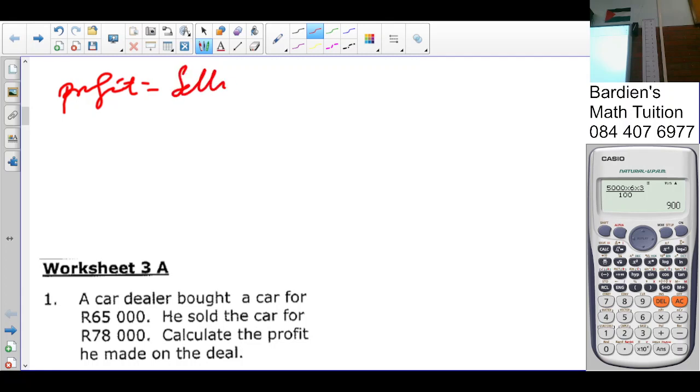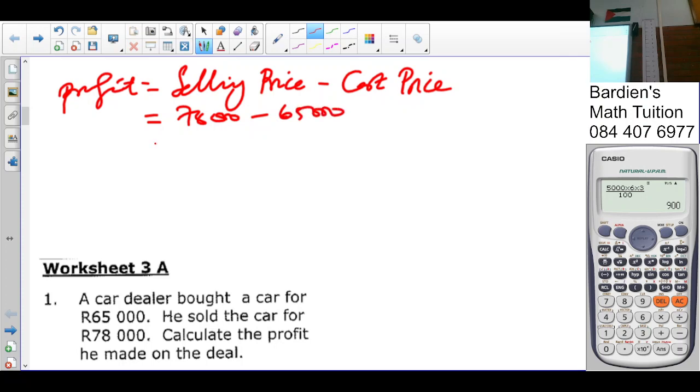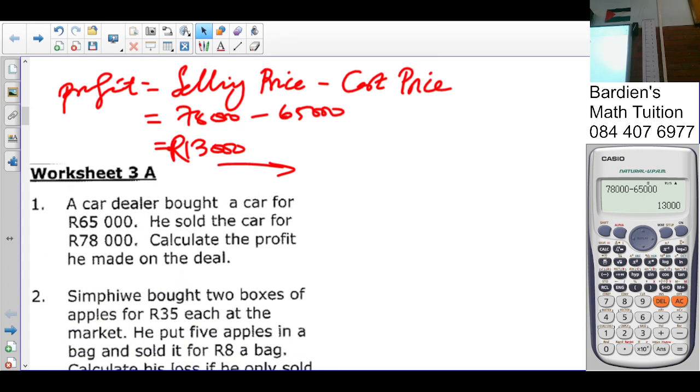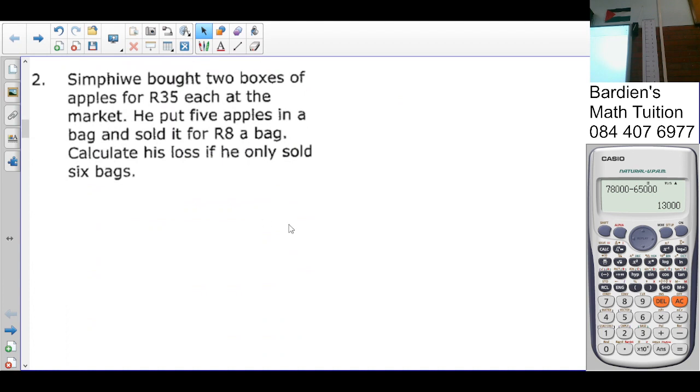So the selling price was 78,000 rand minus the cost price of 65,000. That gives you 78,000 minus 65,000, gives you a total of 13,000 rand profit. Okay. You all okay with that? Let's look at the worksheet.